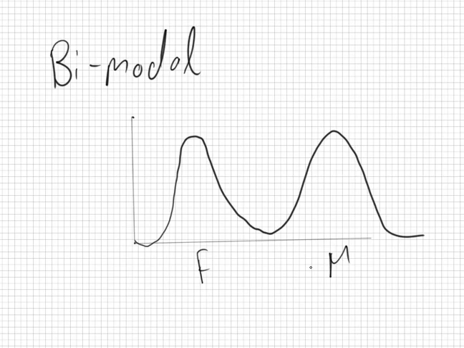So maybe one is for winter time, and then one will be during the summertime. And when you put both together on the same graph, it looks like it has two modes. So what would be much more appropriate would be to separate it. Do one graph for winter time and one graph for summertime. But anyways, bimodal means two modes.